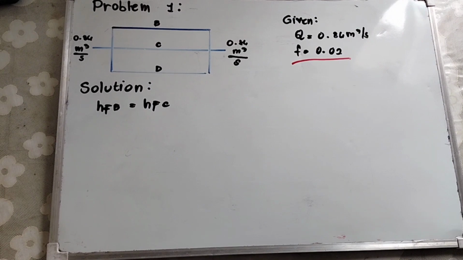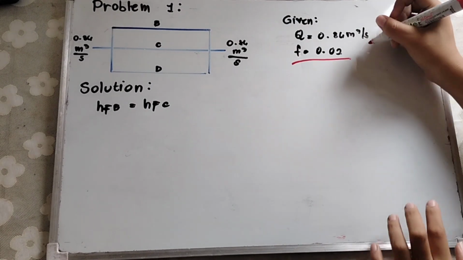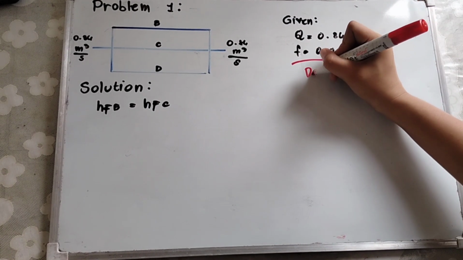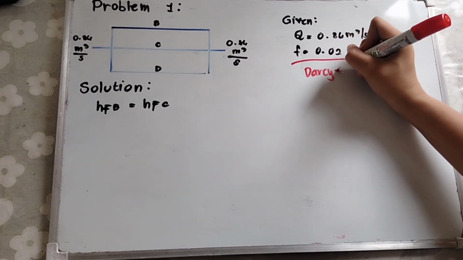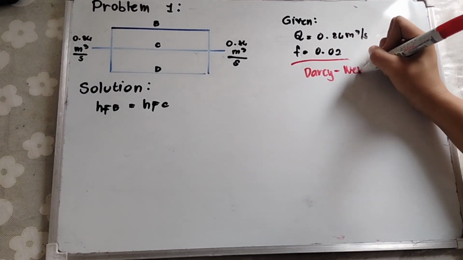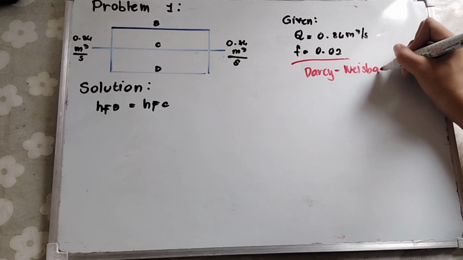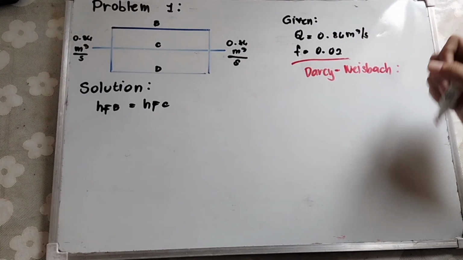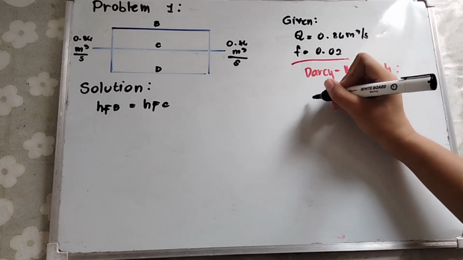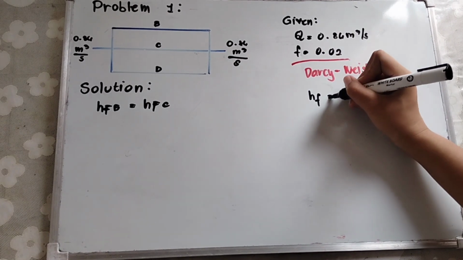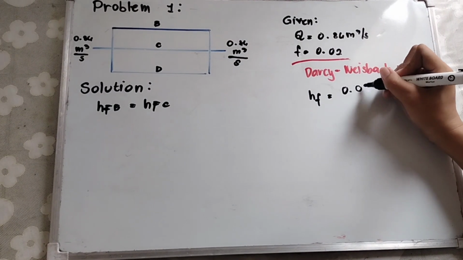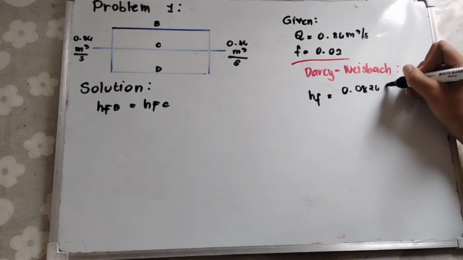Since we have a friction factor, we can use the Darcy-Weisbach formula, which is HF equals 0.0826 FLQ squared over D raised to 5.